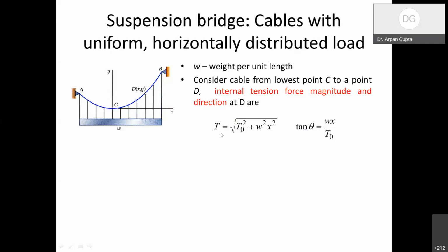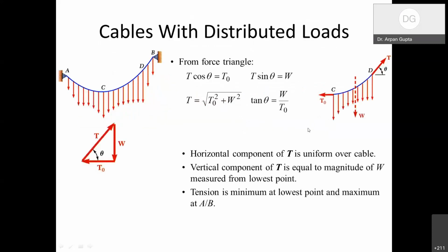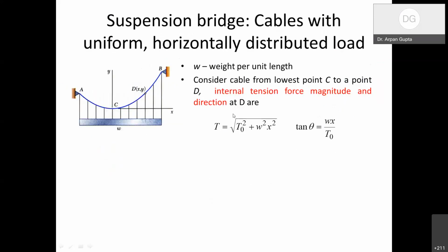Internal tension and slope we have calculated in the previous case. So the tension is the square root of T naught square plus W square, where W is the net load. Now here, this capital W will be replaced by w times x. So if I'm considering any point, this is the point C, and sorry, it should be horizontal.